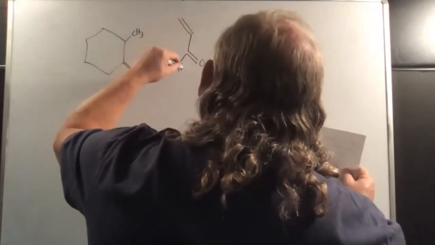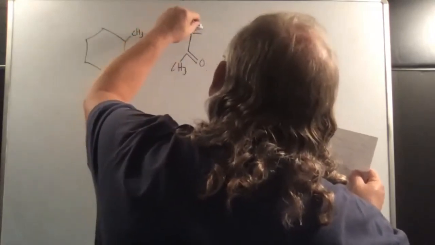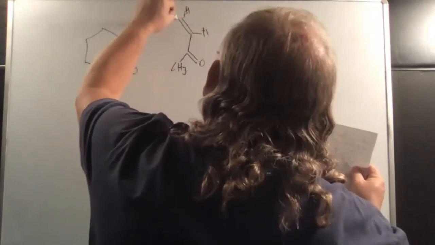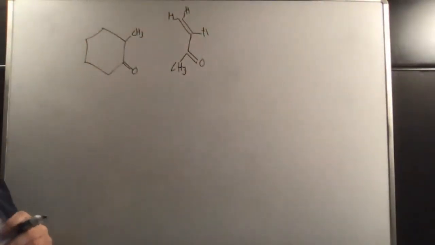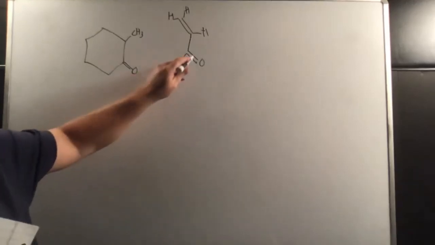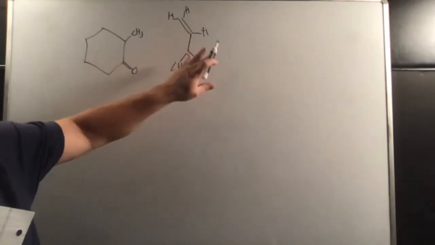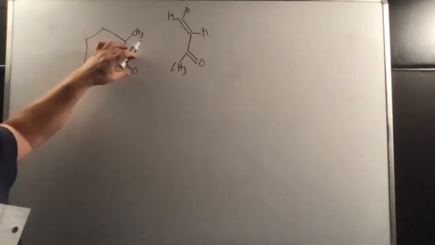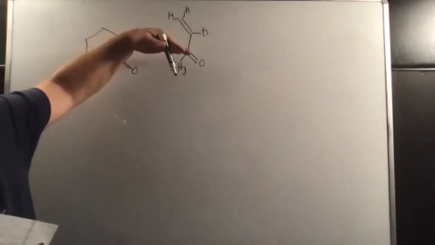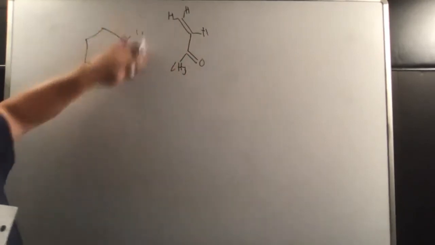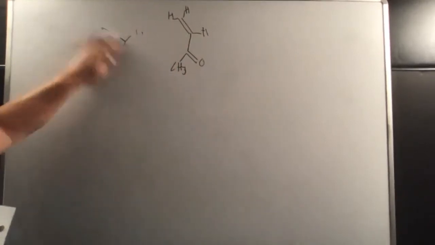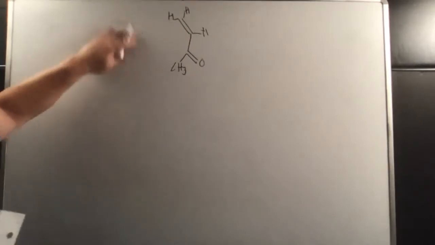In this case, I'm using methyl vinyl ketone. The key thing to writing this reaction out is making sure that this C double bond O and this C double bond O are in line with each other. Okay, I guess I could actually move this one up just a little bit.